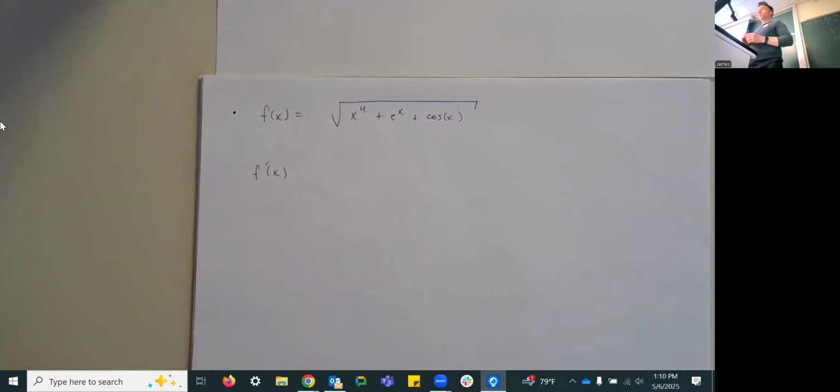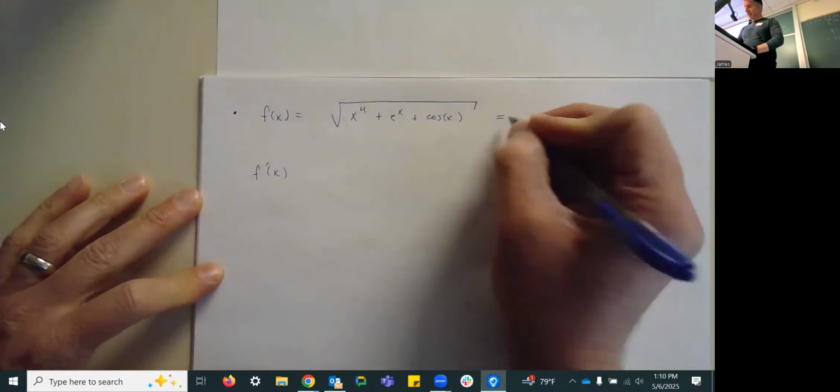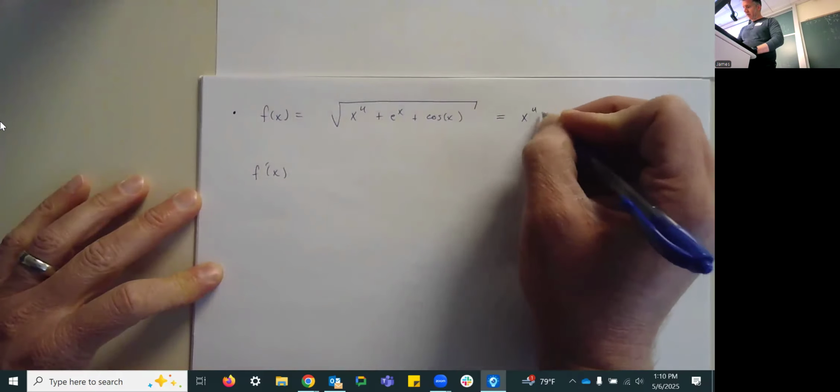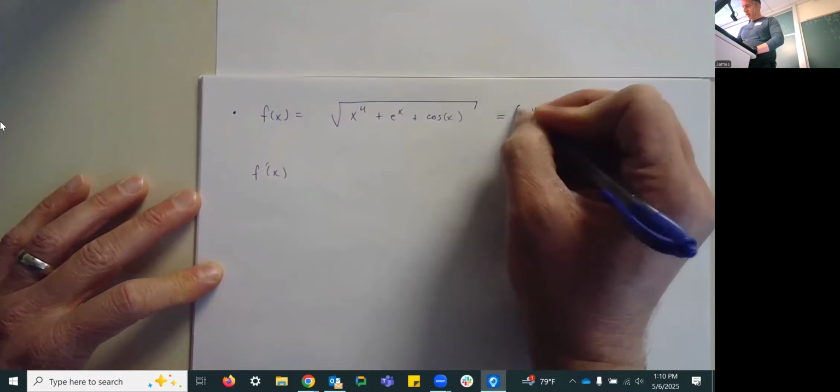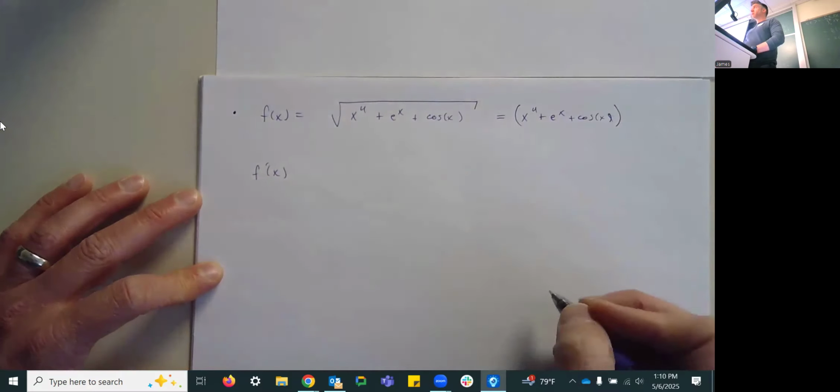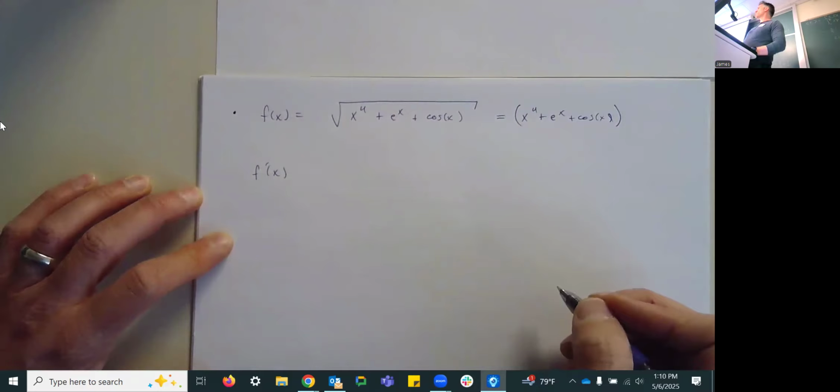For this example, we should either rewrite it or at least think about how it looks as something to a power. I would rewrite it as (x to the 4th plus e to the x plus cosine of x) all raised to what power? What power is the square root?